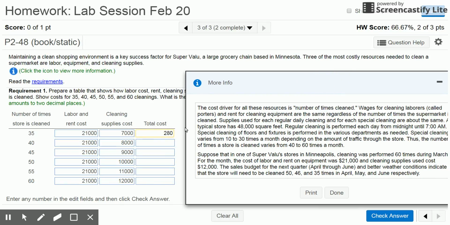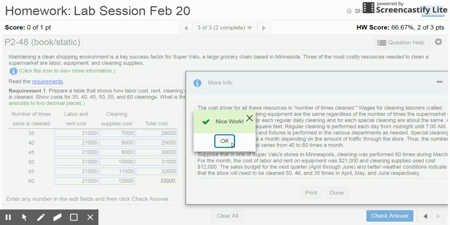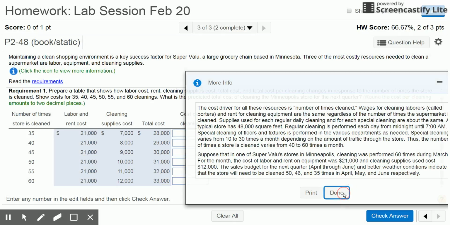Let's see if we get 28,000, 29,000, 30,000, and so on. Check our answer and everything looks good.